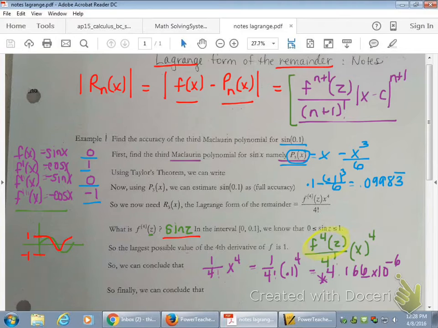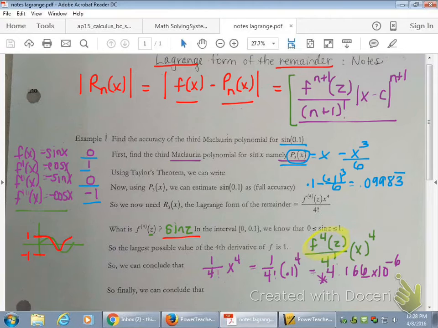So we're saying that our estimate that we have up there, the 0.09983, is off by 4.166 times 10 to the -6, which is really, really small. So that means our estimate's a good estimate.